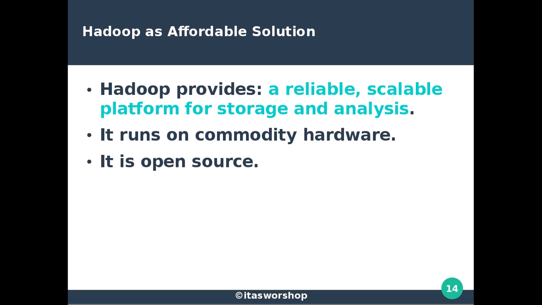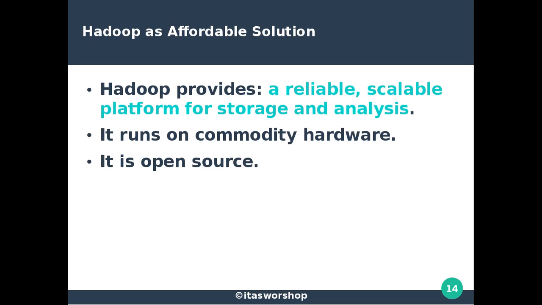So this is a very nice open source technology which we can run on general cheap commodity hardware, and it is a reliable system. All big companies are using it, and you can scale from 4 nodes to 5 nodes, to 10, to 500, to 10,000 nodes.